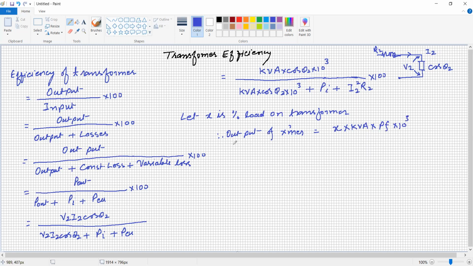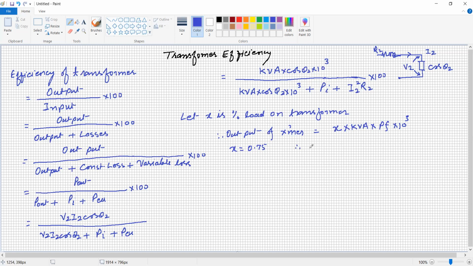For example, X equal to 0.75, that is 75%, means the load on the transformer is 75%. So the output becomes 0.75 times the rated kVA multiplied by the given power factor and 10 raised to 3.